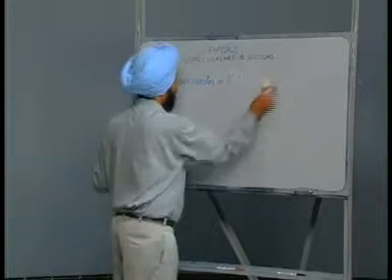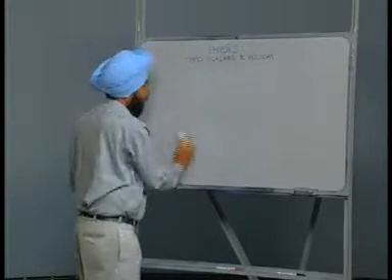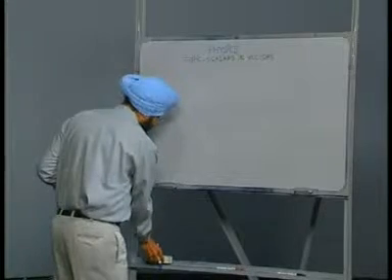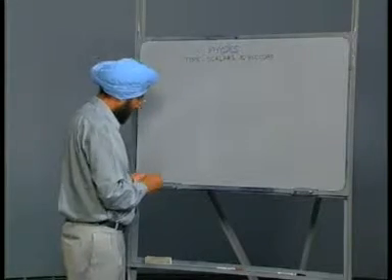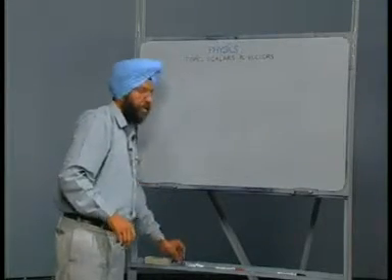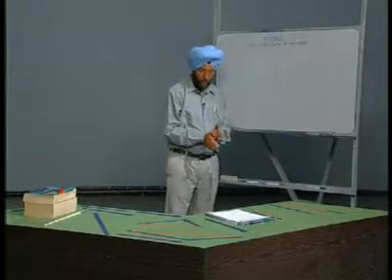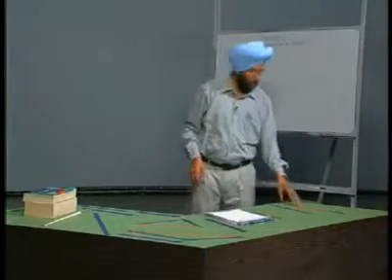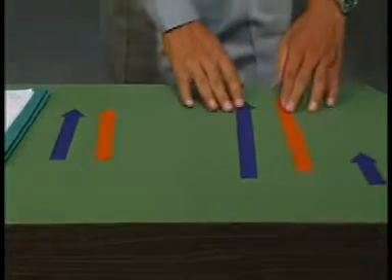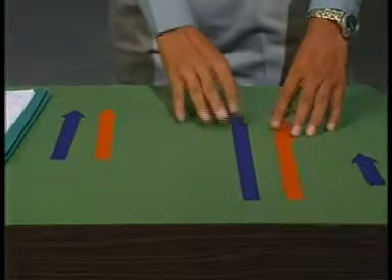Now, with this, we have certain cutouts for vectors. Let us see with the help of a demonstration what we mean by equal and opposite vectors.